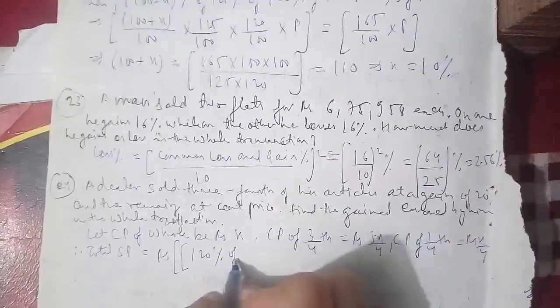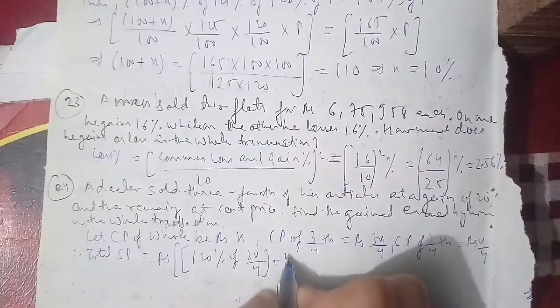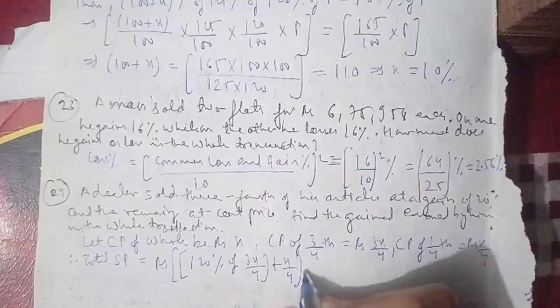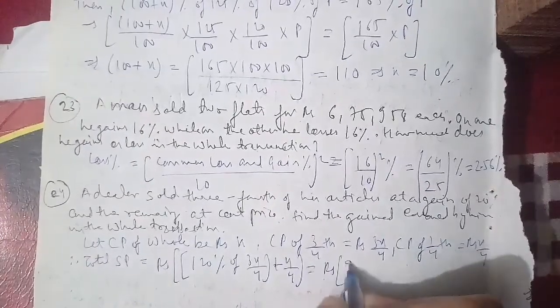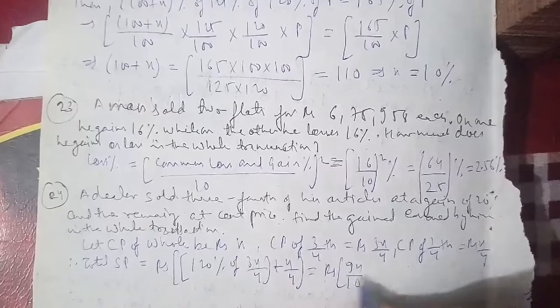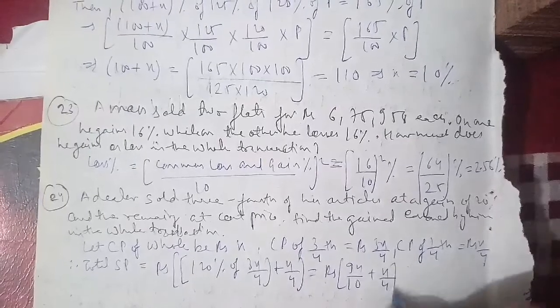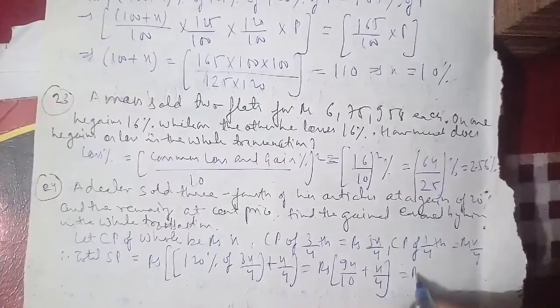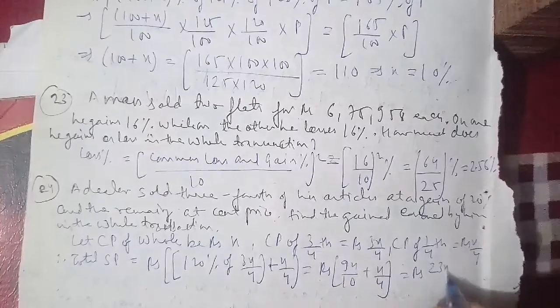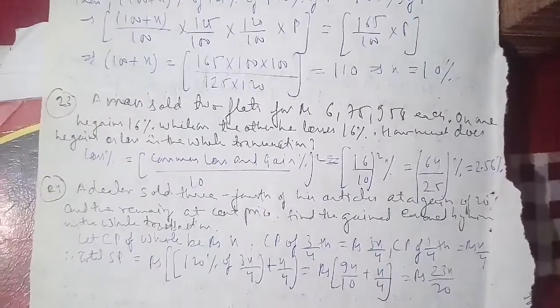So total SP equals rupees 120% of 3x upon 4 plus x upon 4, which equals rupees 9x upon 10 plus x upon 4, and that equals rupees 23x upon 20.